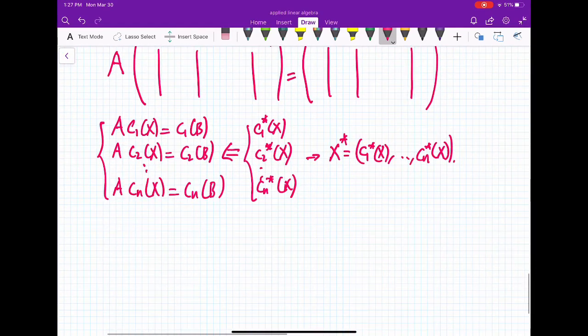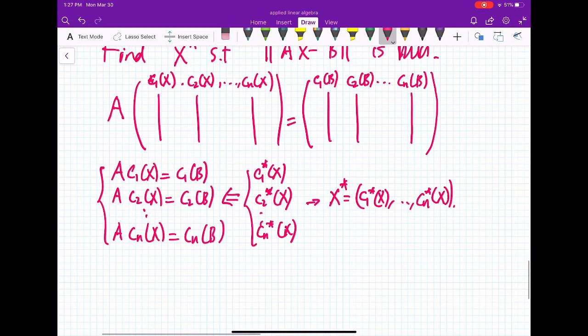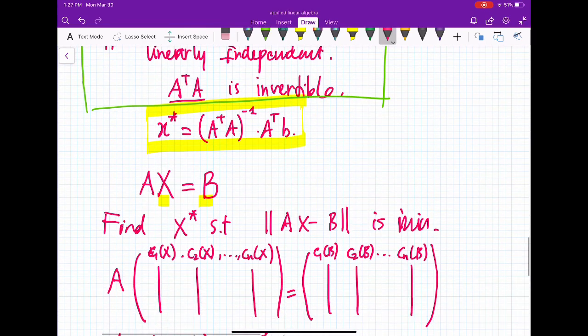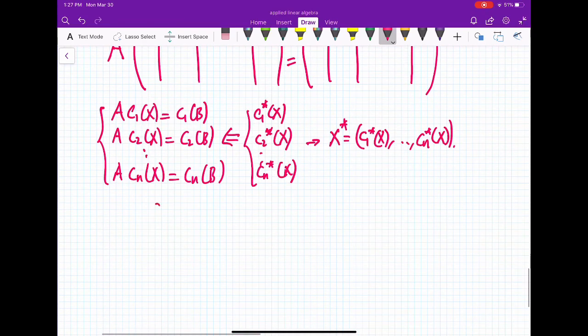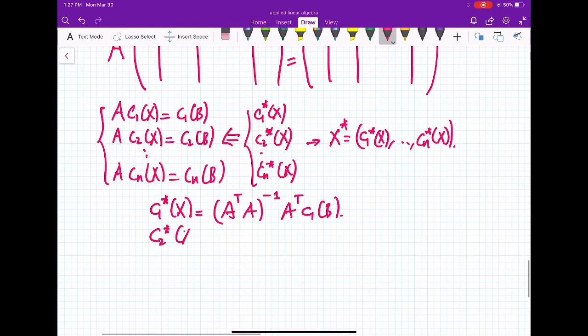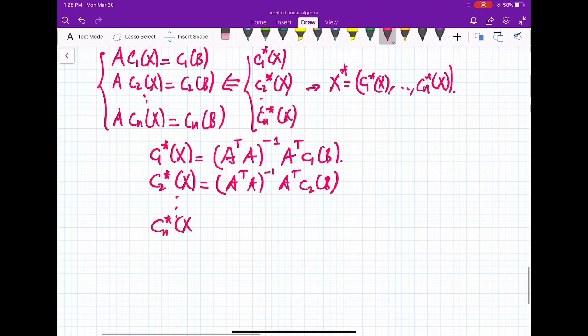Okay, and now let's explore this. How to find C1 star X? By the previous formula, I can find C1 star X is equal to (ATA) to the -1 AT C1B, right? And so on, C2 star X equal to (ATA) to the -1 AT C2B, and so on. We have Cn star X equal to (ATA) to the -1 AT CNB.